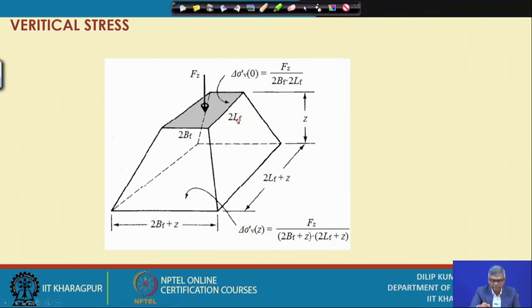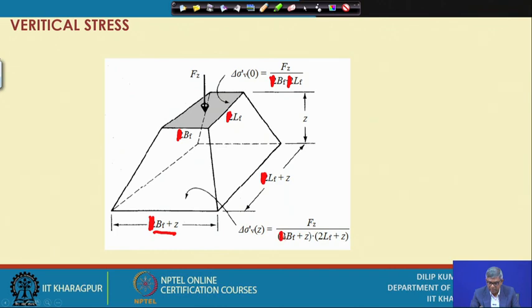Sometimes people take length as 2L and 2B. At the surface, the stress is F divided by B multiplied by L. At a depth Z, if the width is B, then it will be B plus Z, and the length will become L plus Z. So, what will be the pressure at this depth?